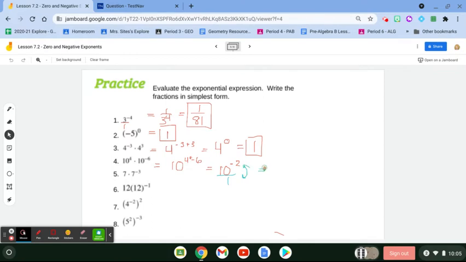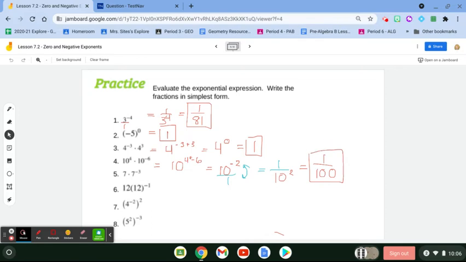So that will become 1 over 10, but when I do that, it's going to become a positive exponent to the 2nd power. And I'm going to now simplify 10 to the 2nd power, or 2 copies of 10, to make that 1 over 100. So the answer for question number 4 would be 1 over 100.